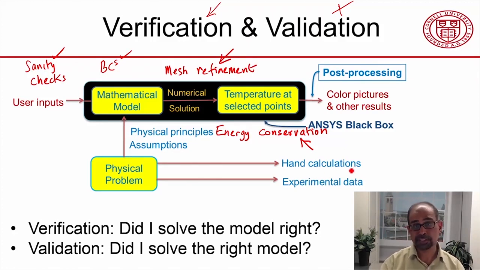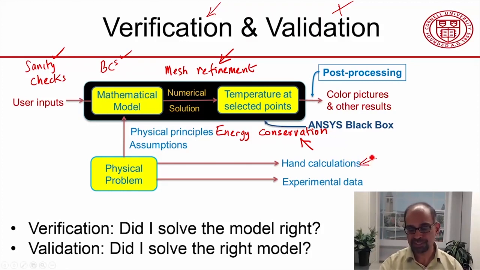The third aspect of verification is to check versus hand calculations, and part of our sanity checks involved checking boundary conditions via expectations of trends. So we've done that, and then here we have an exact solution to the mathematical model, and we need to check that.